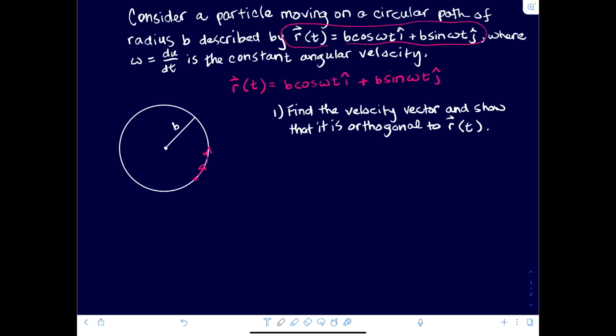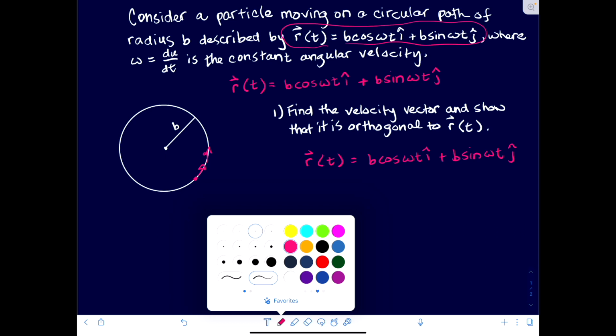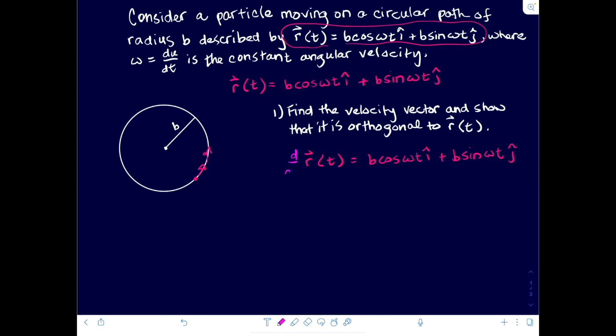Well, what is the velocity vector? Awesome, we're going to differentiate r at t. So here's our r at t. And we just need to differentiate this with respect to time, right? To get r prime at t, which we can call v for velocity, right?